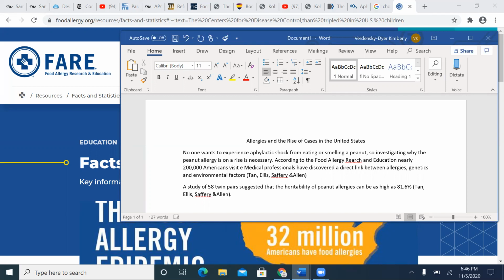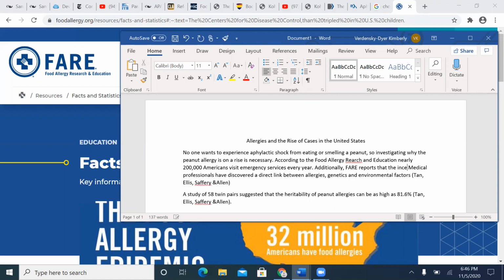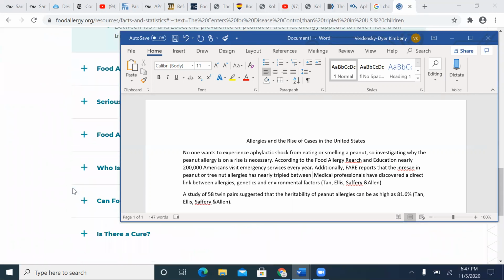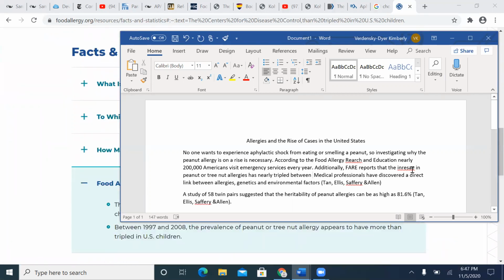I don't need to capitalize that. Additionally, FARE reports that the increase in peanut or tree nut allergies has nearly tripled between, I'm going to go back to my piece of evidence, between 1997 and 2008.